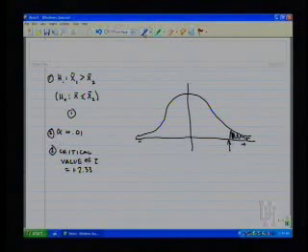Press for posterity. What I don't get is 0.01, the z-score that we're looking up, because the z-score associated with the area beyond z of 2.33 is not 0.01, so I'm not getting it. Okay. I think that was the same question here.